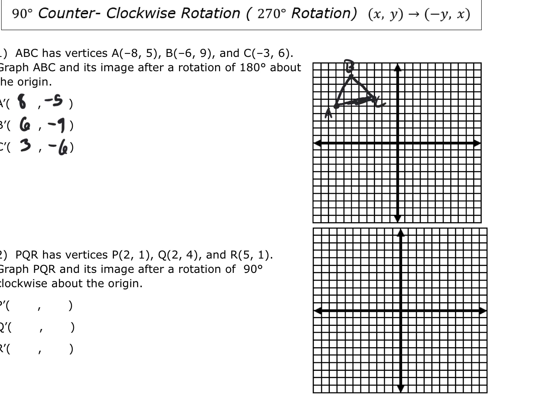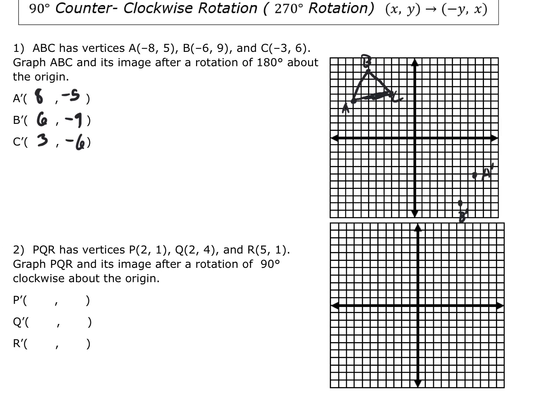So 1, 2, 3, 4, 5, 6, 7, 8, and then down 5. 1, 2, 3, 4, 5. So that's going to be A prime. Then we have 6, negative 9. And then 1, 2, 3, 4, 5, 6, 7, 8, 9. So that's B prime.